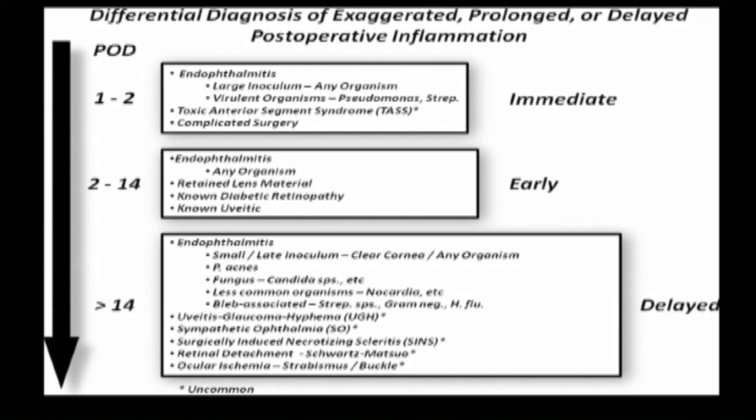When you have inflammation that starts much later, you also have to consider whether there is a wound manipulation somehow and a late inoculation, but also other organisms like P. acnes, fungal organisms, and less common organisms like mycobacteria. If they have a bleb, of course, you can have bleb-associated infections as well as several other causes that we keep in mind.